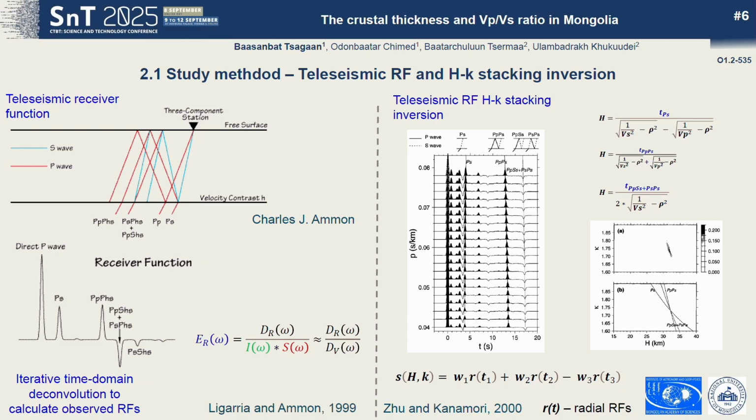For inversion of the observed receiver functions, we applied the H-kappa stacking algorithm, and we determined the crustal thickness, Vp/Vs ratio, as well as the Poisson ratio. This method uses the delay times of the direct P wave, the Moho converted Ps phase, and other associated crustal multiples.